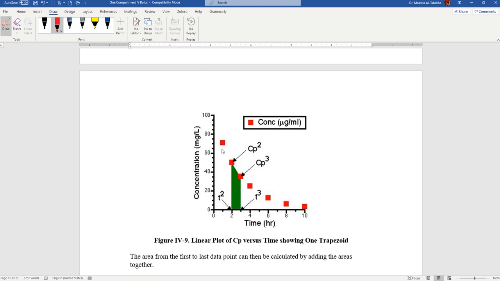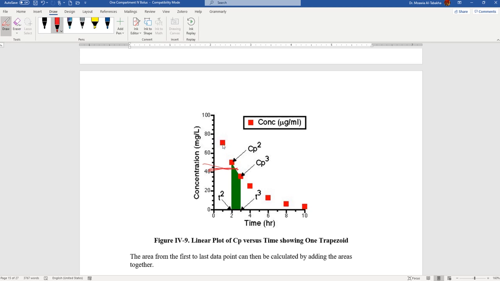You will see this segment, for example, CP2 at 2 hours, CP3 at 3 hours. So we multiply the difference, which is 1 hour, by the average. The average will be this concentration, 45 probably.